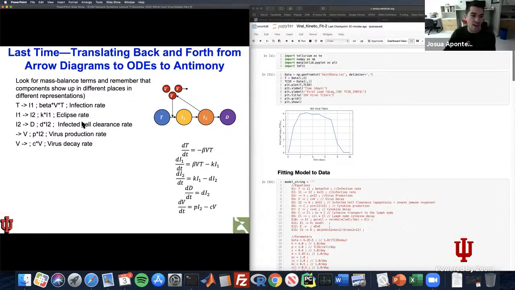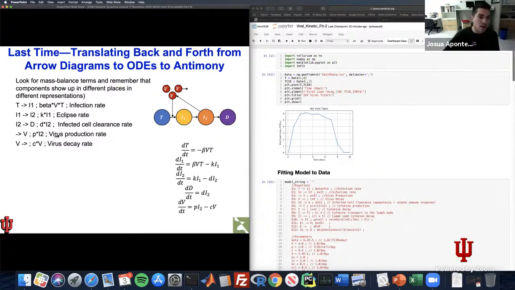The eclipse phase rate coefficient determines how long the cell spends in this eclipse phase, and we saw that it can vary for different viruses and even for the same virus for different viral strains. But typically in influenza it is about 6 hours. SARS-CoV-2 can be up to 12 hours.